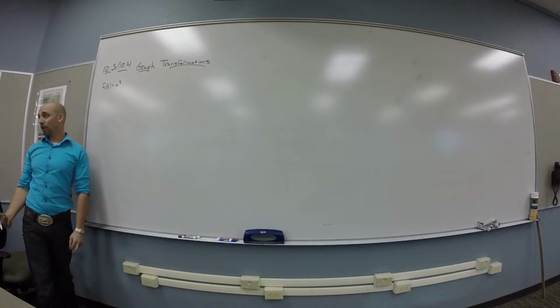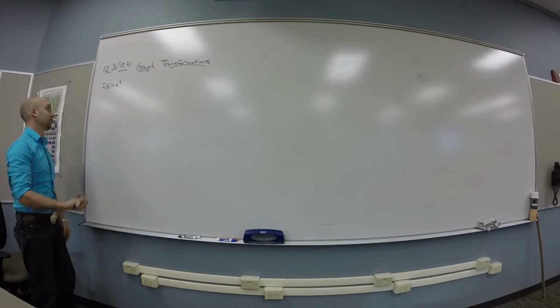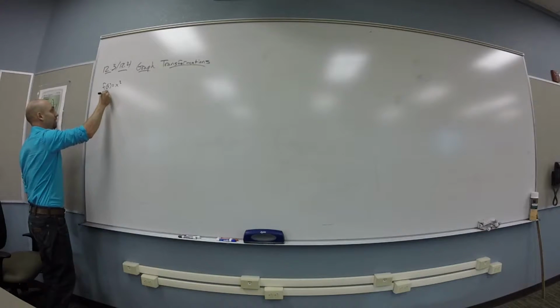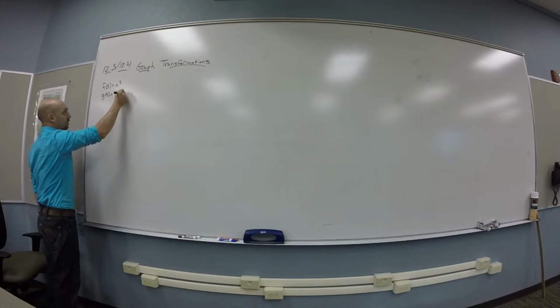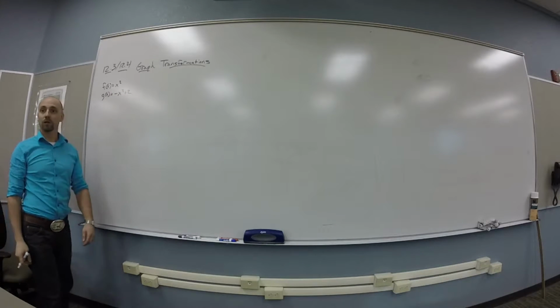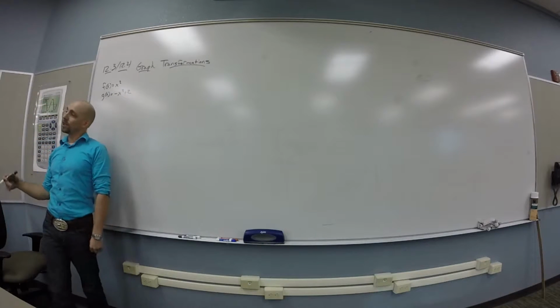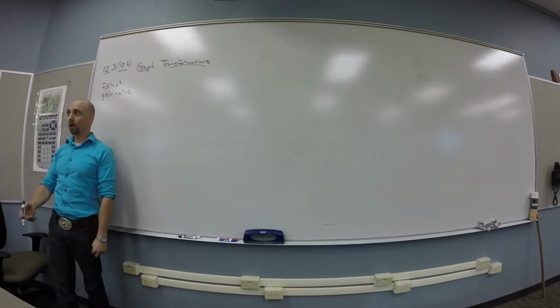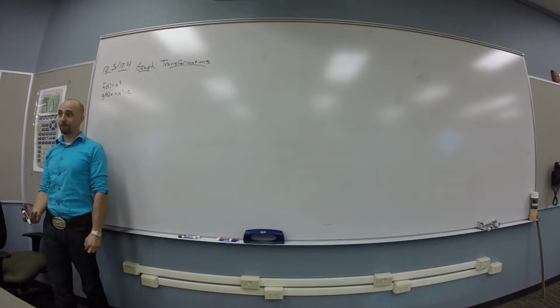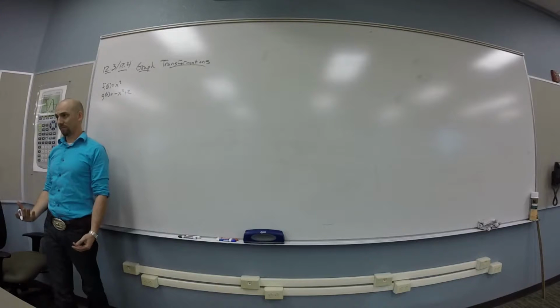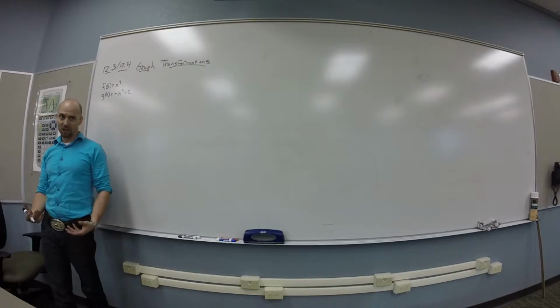And then there's some related function, like maybe g of x is minus x squared plus 2. And I feel like knowing the graph of f should help me figure out what the graph of g looks like, right? This should make a lot of sense.